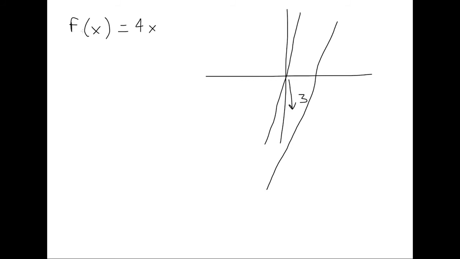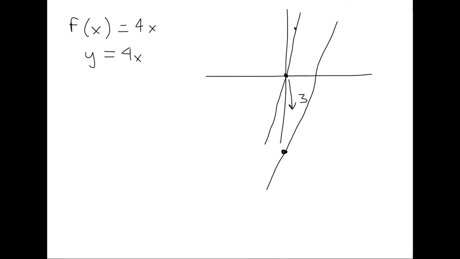So we know that saying f of x equals 4x is the same thing as saying y equals 4x, right? So if we wanted to decrease y, because that's basically what we're doing, for every point, so for example here, this y is going to be decreased by 3 units, right?